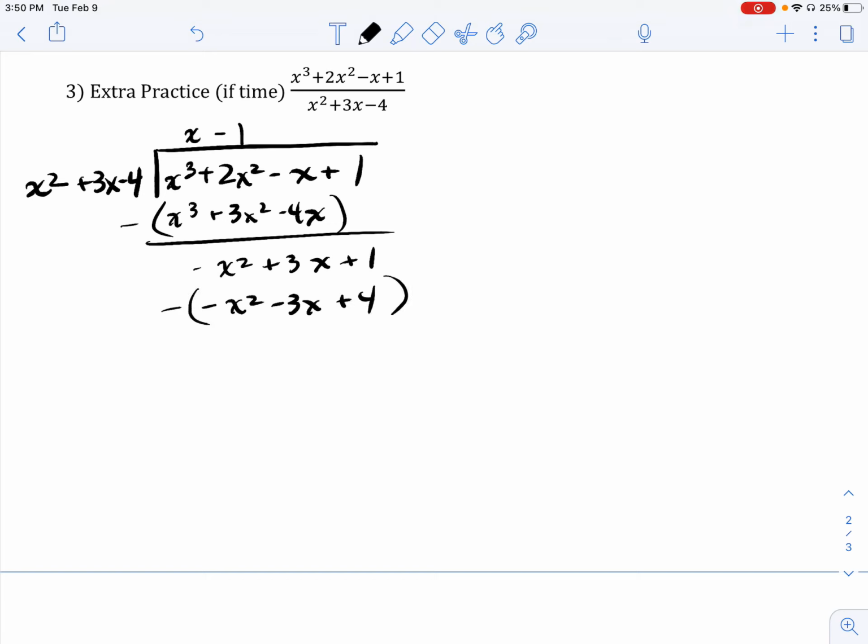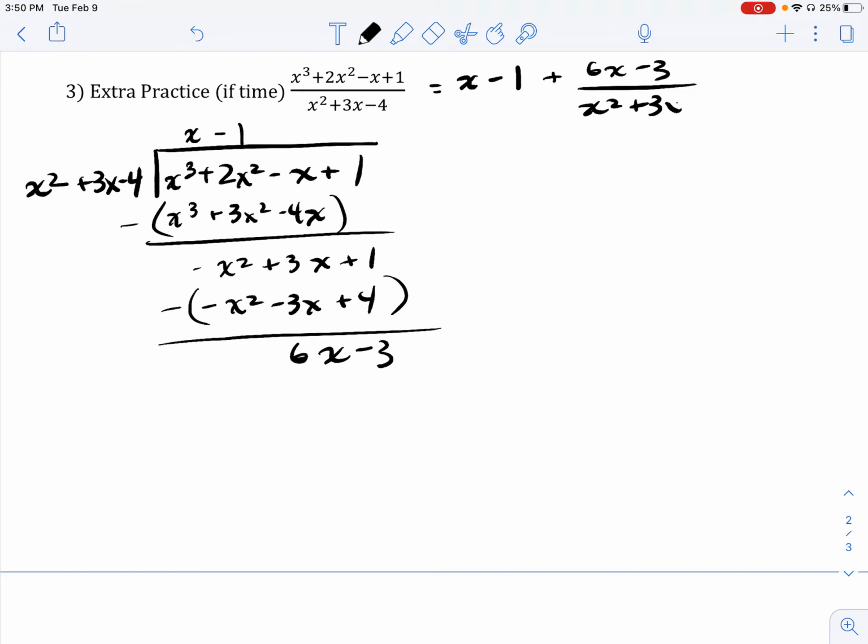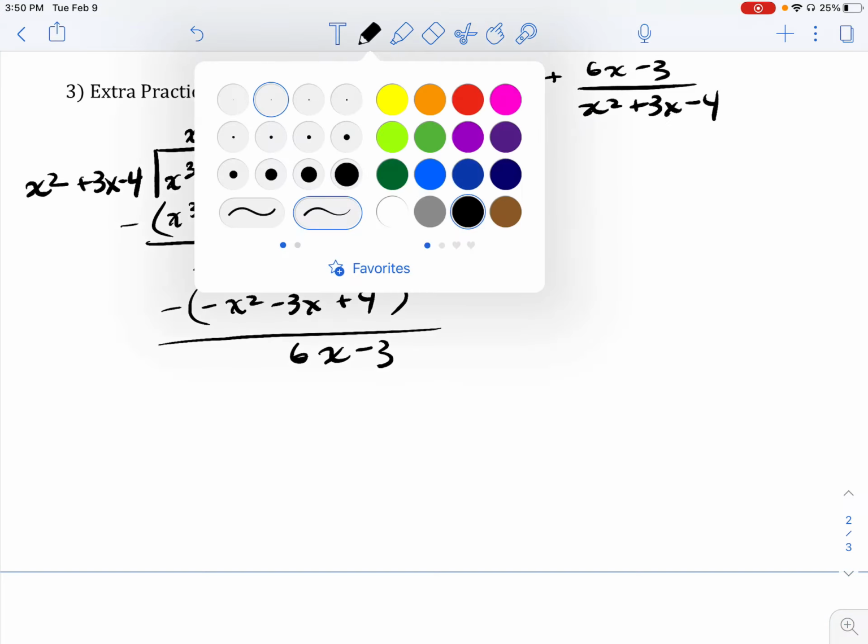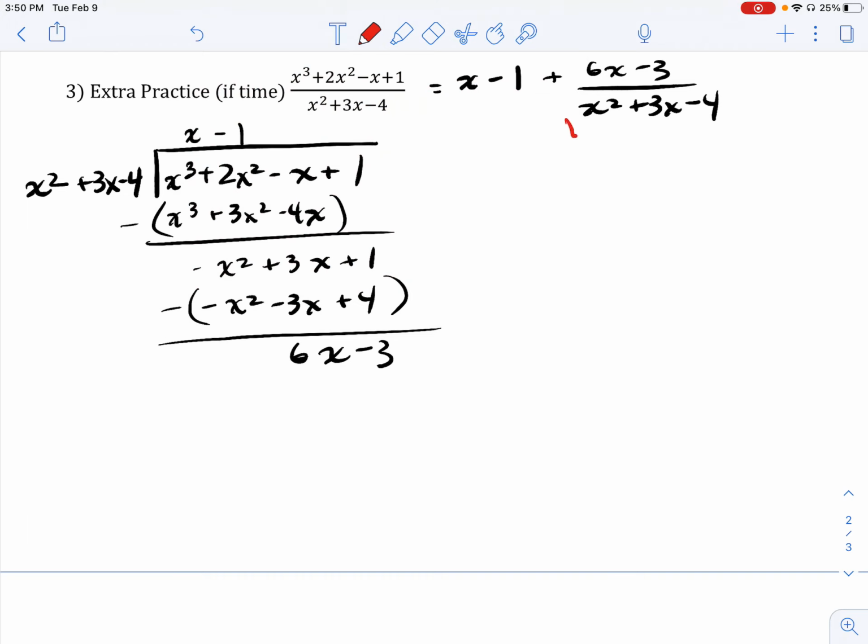And when I subtract that, I'm left with 6x minus 3. That's your remainder. So this rational expression is equivalent to x minus 1 plus 6x minus 3 over x squared plus 3x minus 4. This is what we are going to use for our partial fraction decomposition.